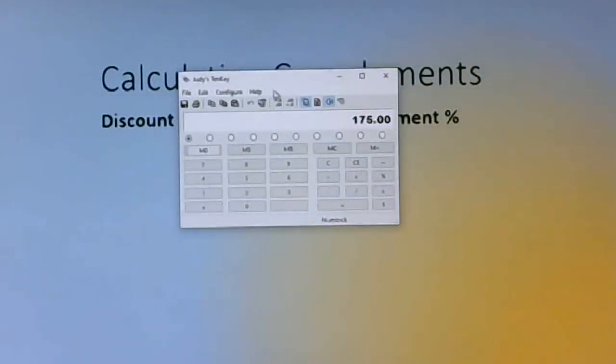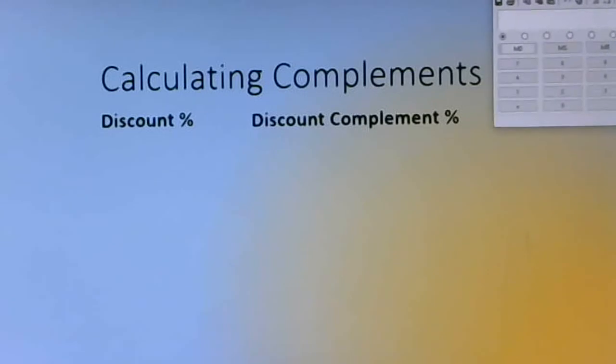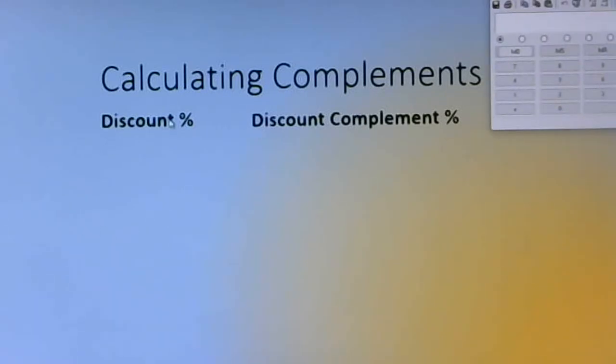Okay, so let's work with complements a little bit more. If the discount amount is 30%, what's the complement? What's the amount you're going to pay? 100 minus 30 is 70%. You're saving 30%, you're paying 70%.